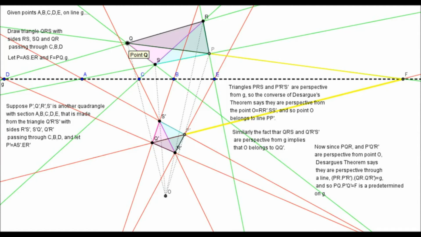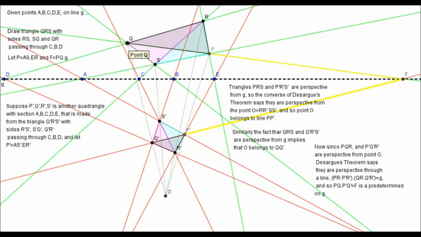Okay, so what we've already shown implies that these are perspective from this point O, in the sense that if you draw a line QQ', it meets the line RR' and the line PP' at O. So this dark triangle that I've just drawn in must be perspective from O, and now we can use Desargues' theorem the normal way round, because we have two triangles perspective from a point, PQR and P'Q'R', which implies that they must be perspective from a line.